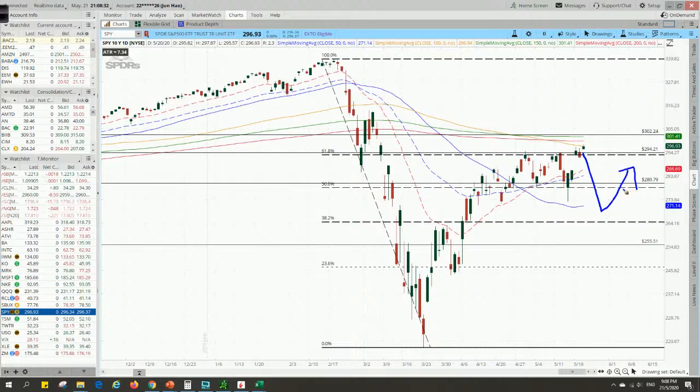Now, the most likely question that everybody would like an answer to is whether the market will go back down and visit the previous low of this bear market.